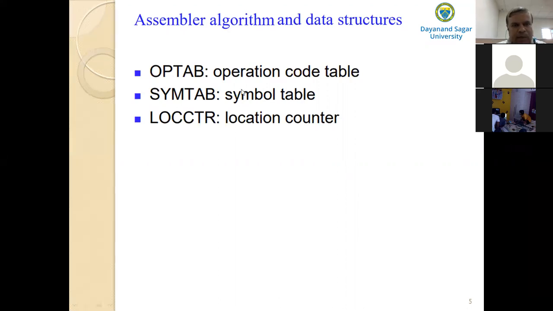And another data structure is the symbol table, in short called SYMTAB, which stands for symbol table. There is also one variable used during algorithm design, called LOCCTR, which stands for location counter.